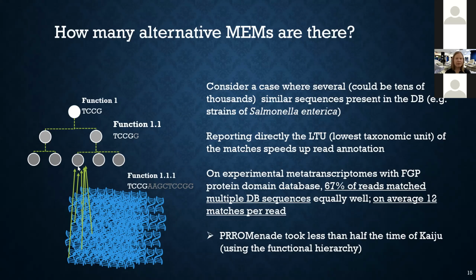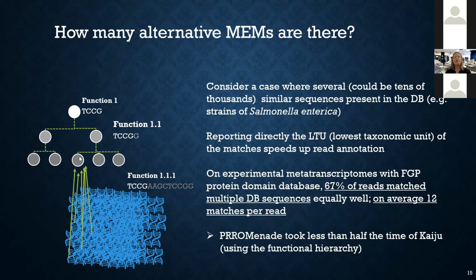And then reporting this one answer instead of all the alternatives will give you computational savings, as well as really reducing the redundant information if you only care about the functional nodes. So this is similar to read mapping, where you would get all your alternatives, but here they are condensed to the lowest taxonomic unit.